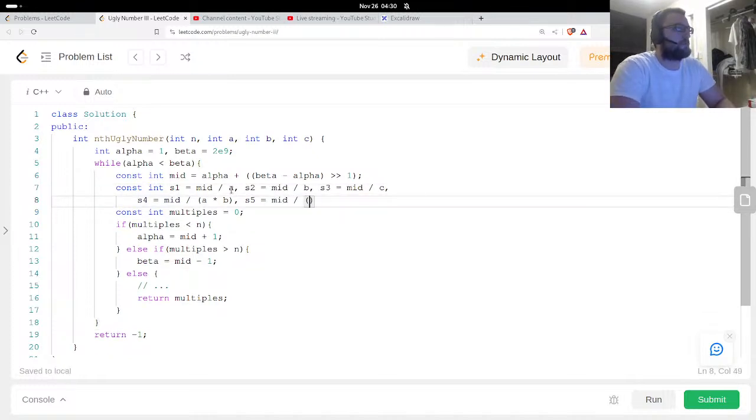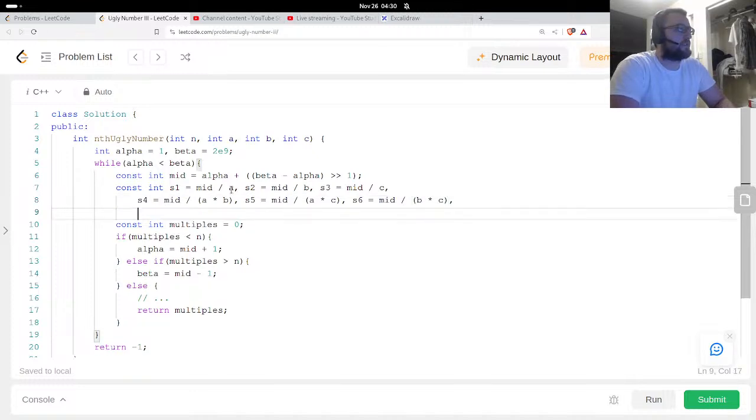Mid divided by A times C. Mid divided by B times C. And then finally S7 is mid divided by A times B times C. Okay. And then multiples are going to be S1 plus S2 plus S3 minus S4 minus S5 minus S6 plus S7.